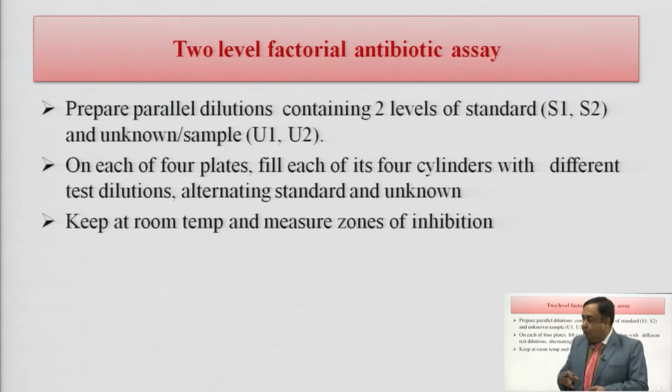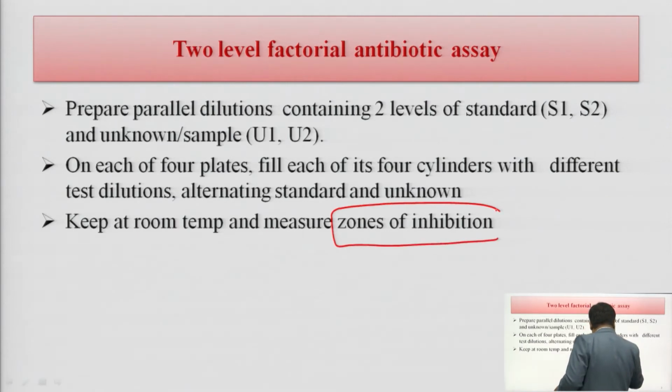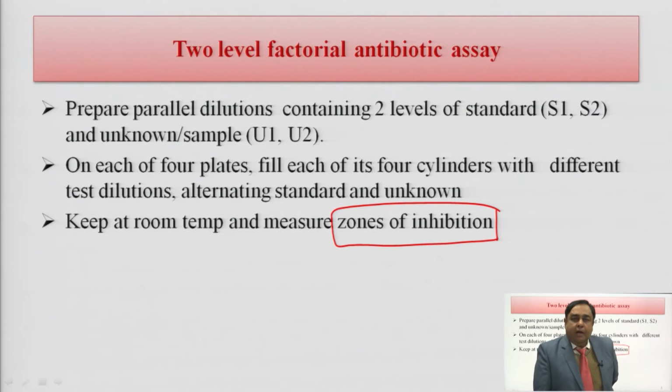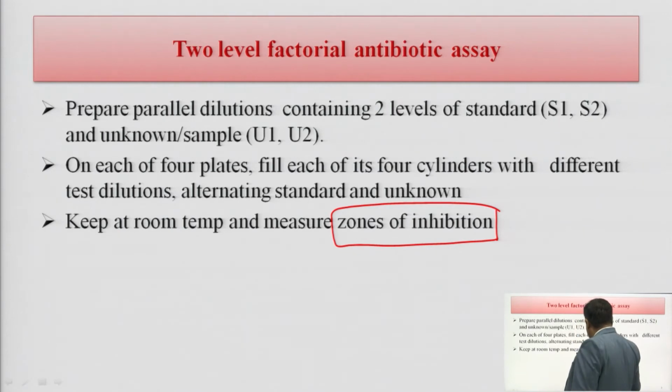And then we have to estimate, we have to measure this zone of inhibition as produced by the two levels of standard S1 and S2 and two levels of unknown U1 and U2. Let us see what formula we adopt.